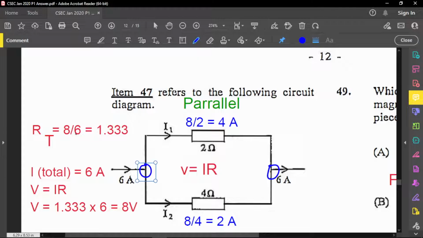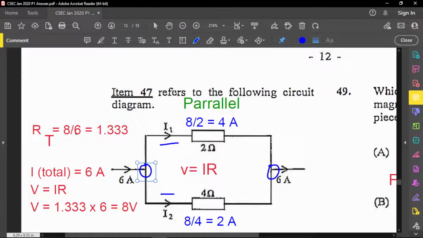So the points circled in blue are the points of connection of the power supply, whether it be a battery or whatever, which means current can flow in two different directions. And a giveaway that this is a parallel circuit is this arrow and this arrow. Current coming in could go to the top or to the bottom. So this is a parallel circuit.